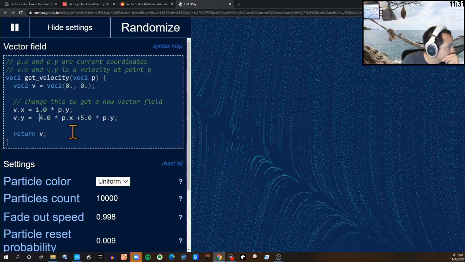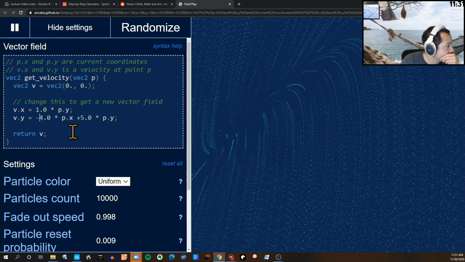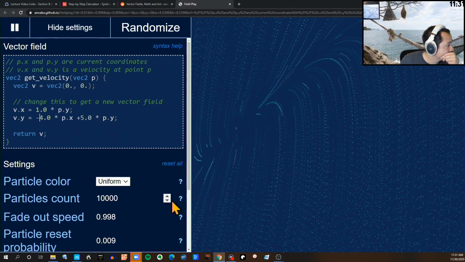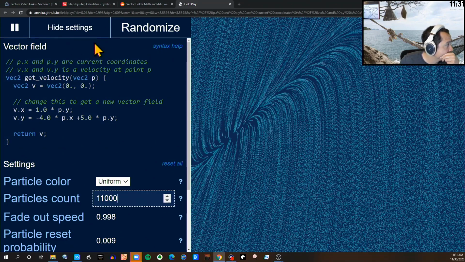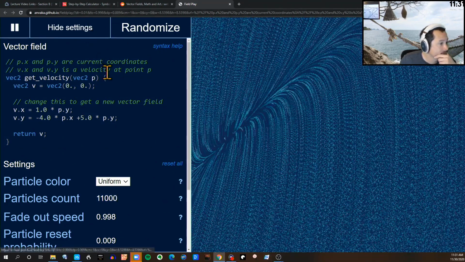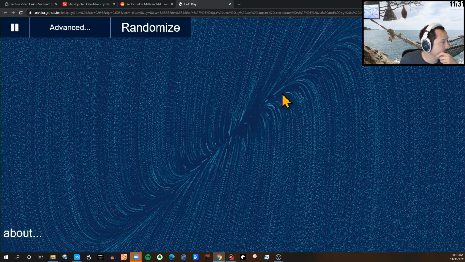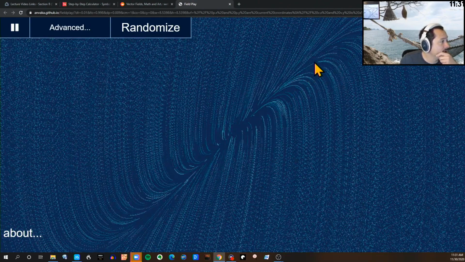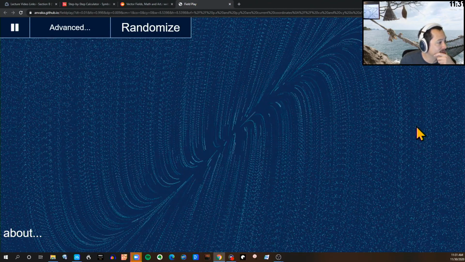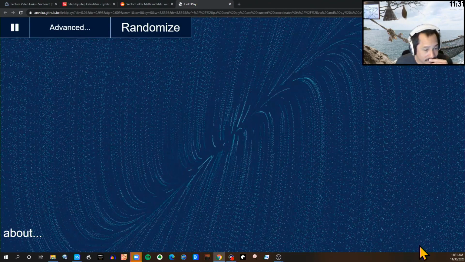Maybe this? Ah, there we go. And so now things are being spewed out of the origin. They follow a line on the way out, and then they bend back around to follow another line. Okay.